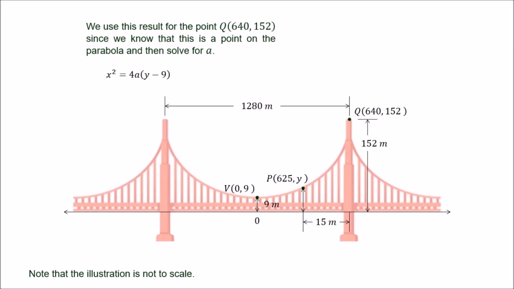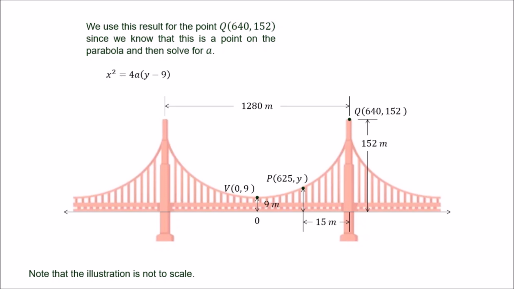Now to solve for a, we need to find a point on our parabola whose coordinates we know. From the figure, we can see that a point Q, which is on the parabola, has the coordinates (640, 152). We know the coordinates of Q since Q is on the tower, which is 640 meters away from the origin and 152 meters above the bridge.